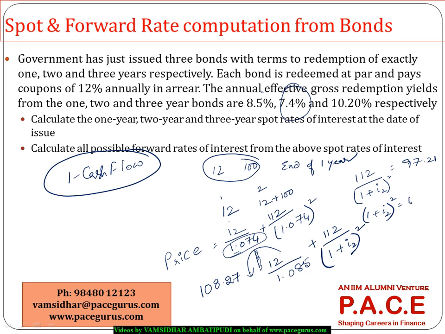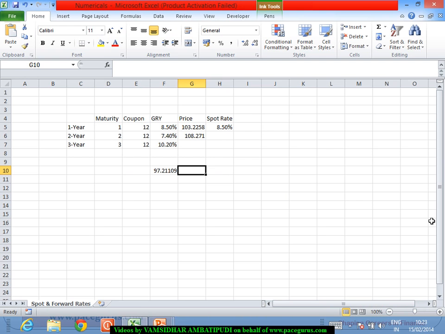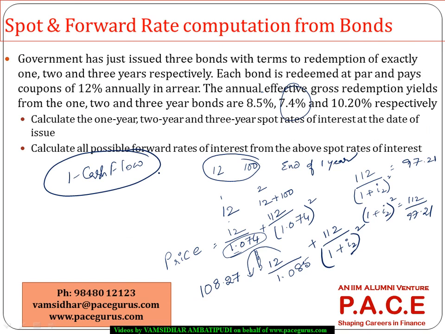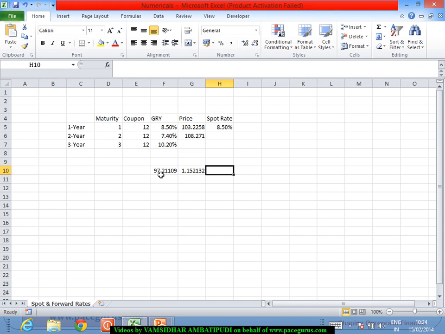1 plus I2 squared is 112 divided by 97.21. This is what is 1 plus I2 squared. Taking the square root of that will give me 1 plus I2, and subtracting 1 from it will give me I2.